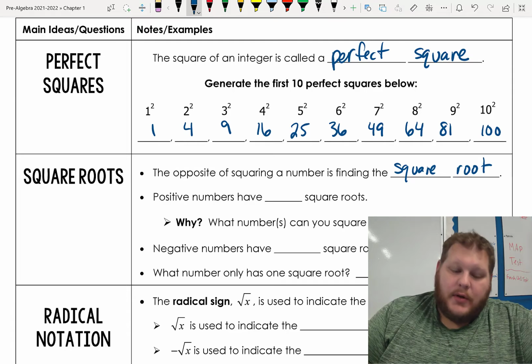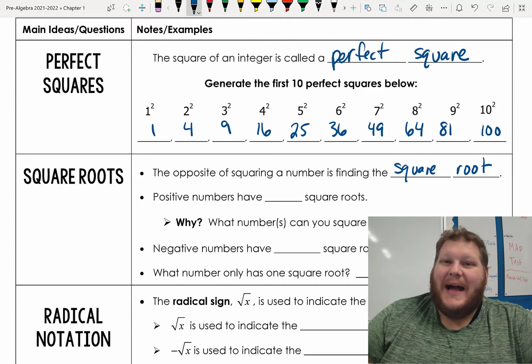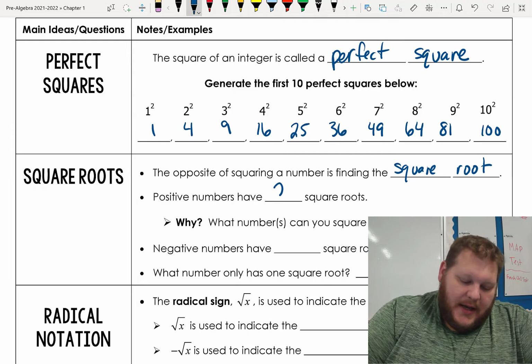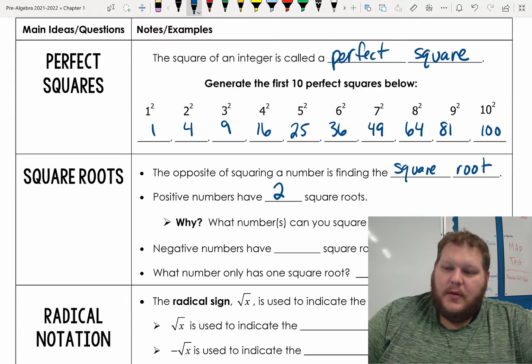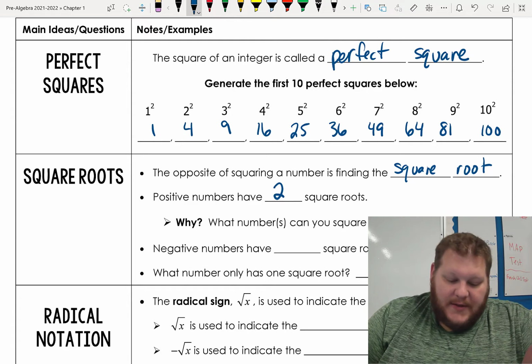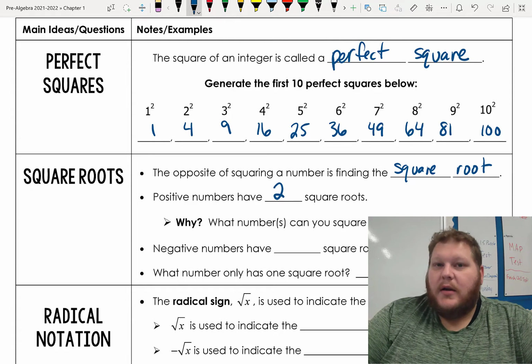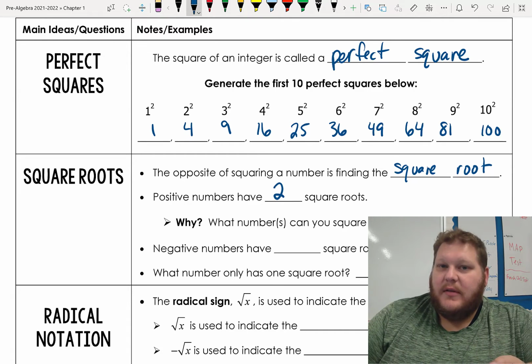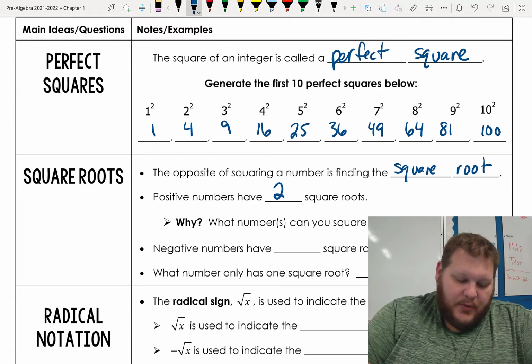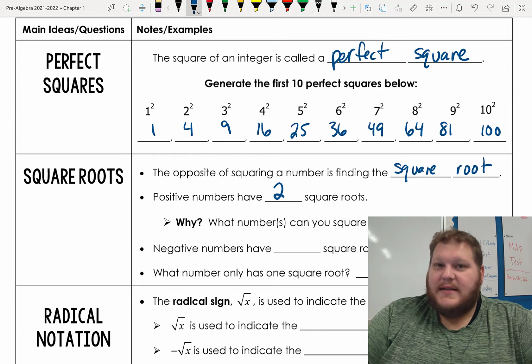When we're taking a square root, any positive number underneath my square root symbol actually has 2 different square roots. That's because you could square a positive number or a negative number and still end up with that solution. For this example, what numbers can you square to get 16?